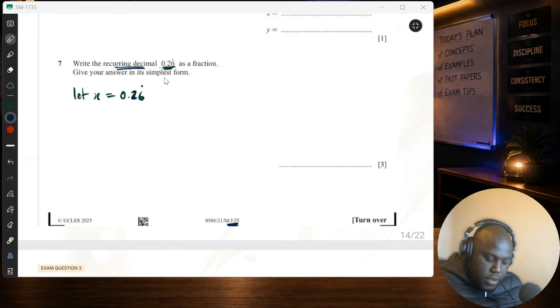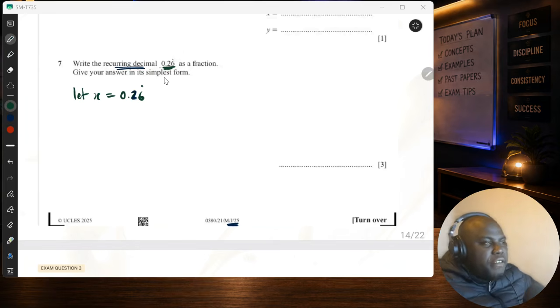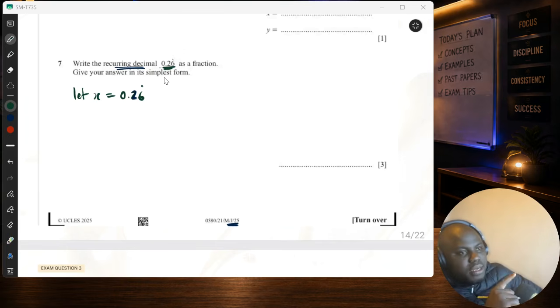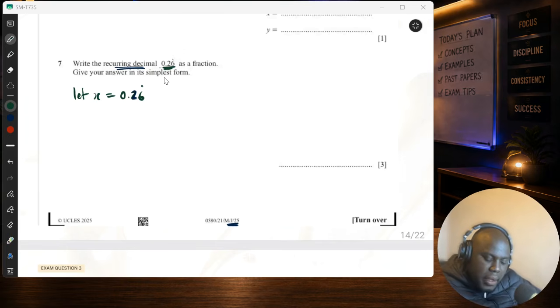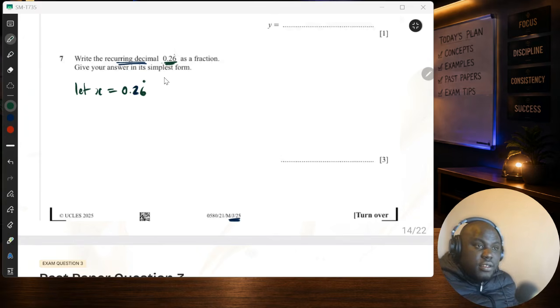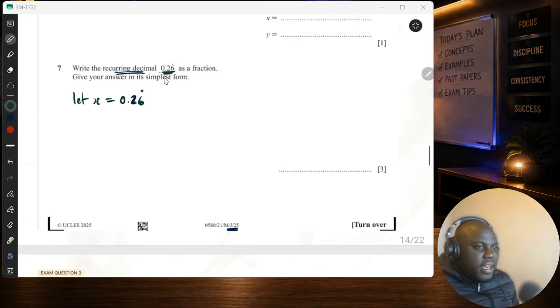Okay. Now, what I want you to know is that if you have a situation like this, and it's good that they actually gave you a question so that I can explain, the first thing you must do is never have a number that is not recurring. So for this question, we can't use x the way we were using x to say x will be the first one, and now we look for the second one.